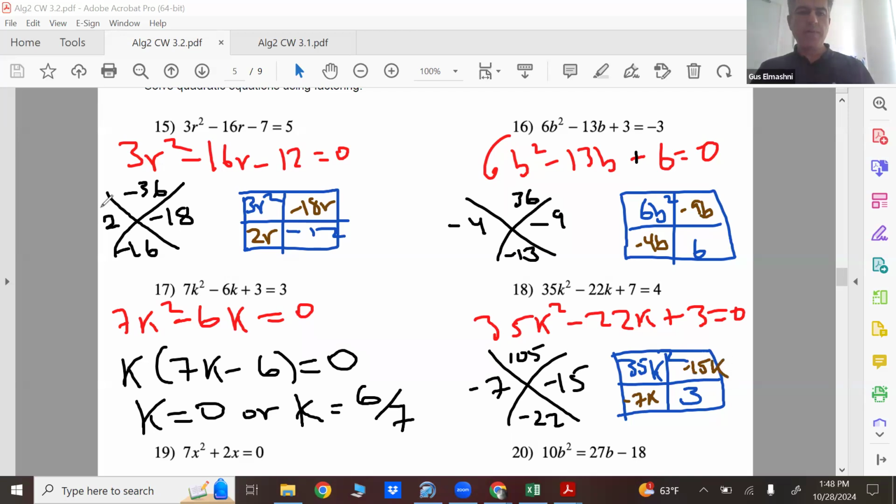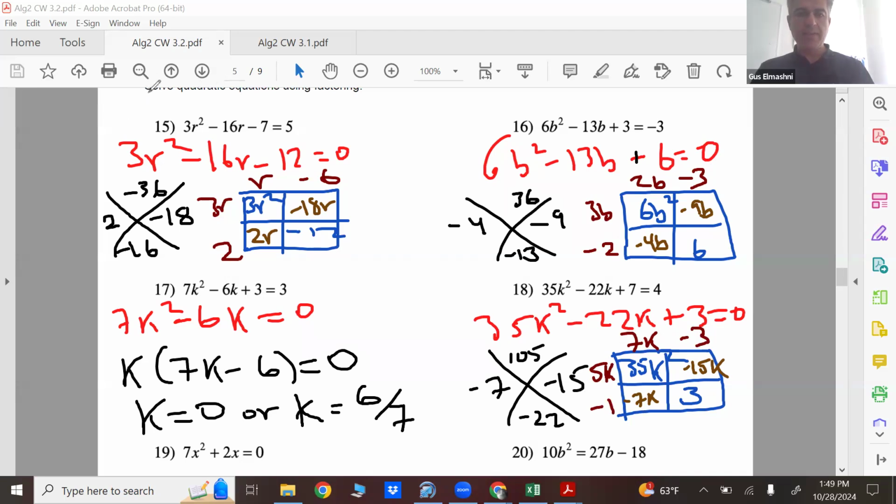And I factor along each row and each column. 3B, 2B, you have 2, you have 3, 7K, 5K, you have 1, you have 3.